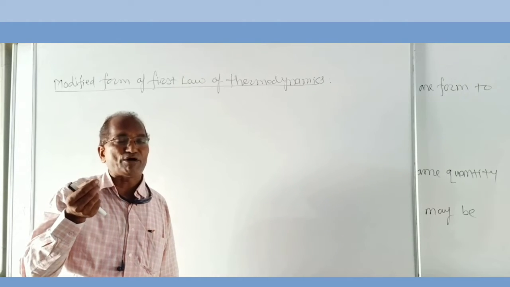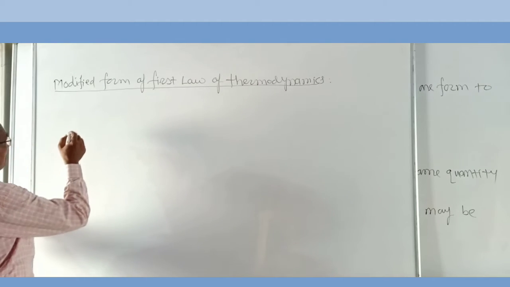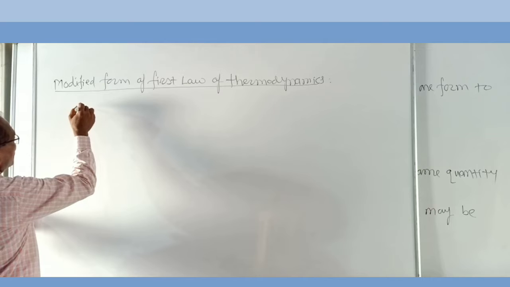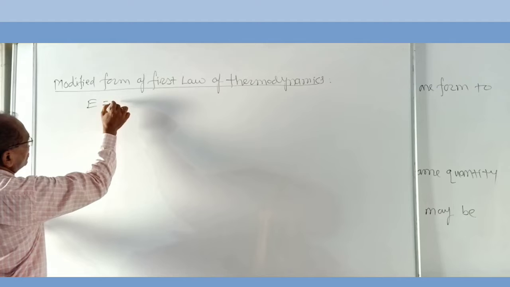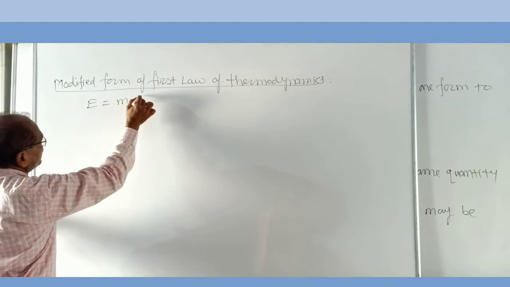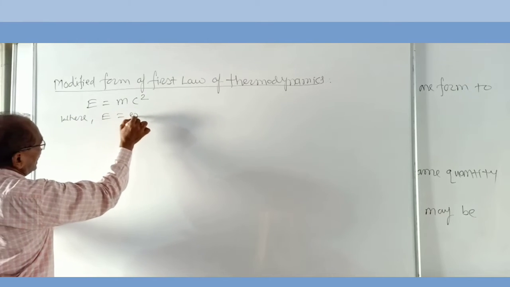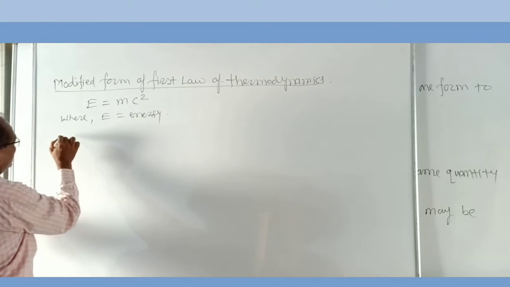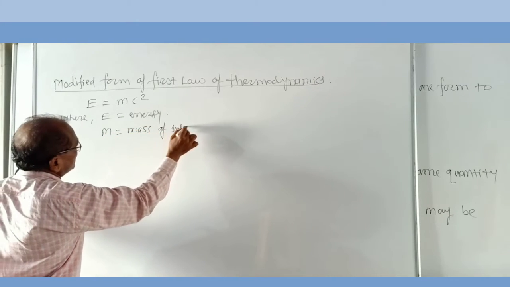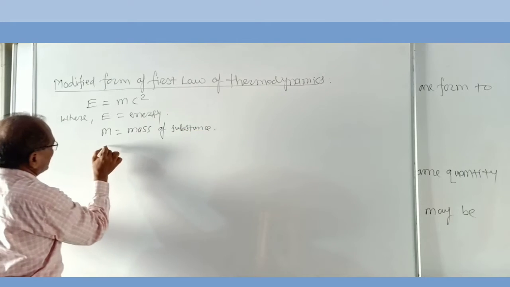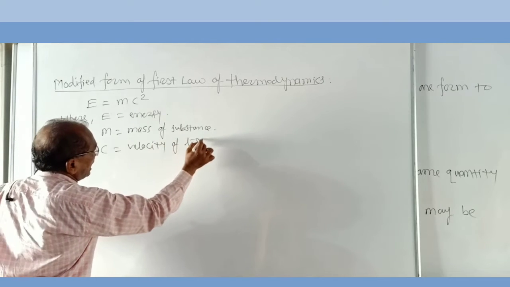In that theory of relativity there is one equation that is called Albert Einstein's equation: E is equal to mc square, where E is the energy, m is the mass of substance, and c is the velocity of light.